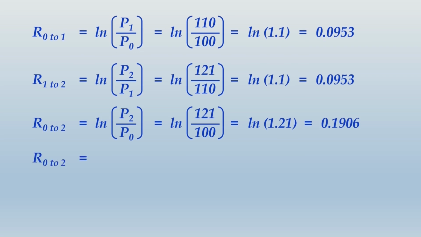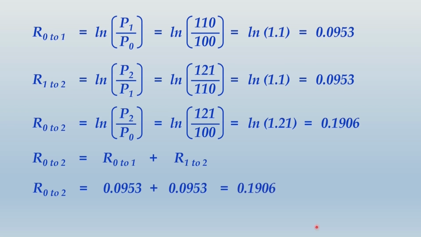Now you check: R0 to 2 will be R0 to 1 plus R1 to 2. So R0 to 2 will be the aggregate of 0.0953 plus 0.0953, which will give you 0.1906.